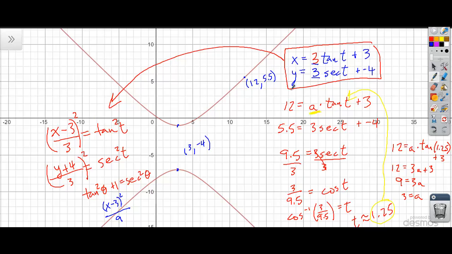So this tangent squared is now this. I bring with me plus 1, and that is equal to secant squared, which is now written like that. There you go. Okay, so we have the rectangular equation for this hyperbola, and we have the parametric equations for this hyperbola.